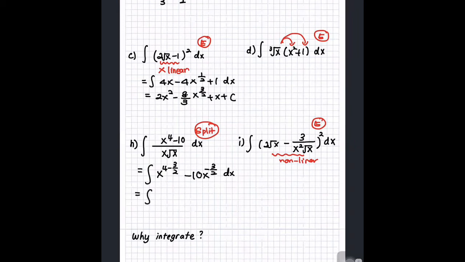Four minus 1.5 is 2.5. 2.5 is 5 over 2. Minus 10 plus 20. If I make careless mistake, do tell, okay?